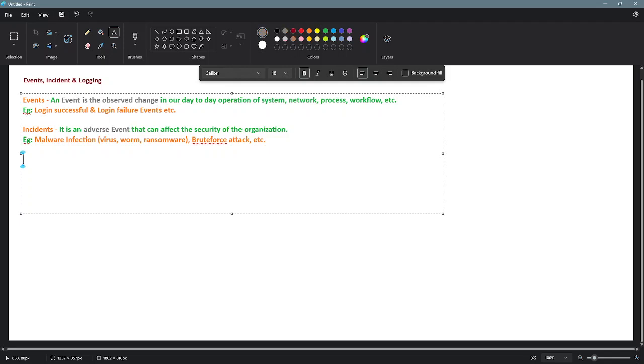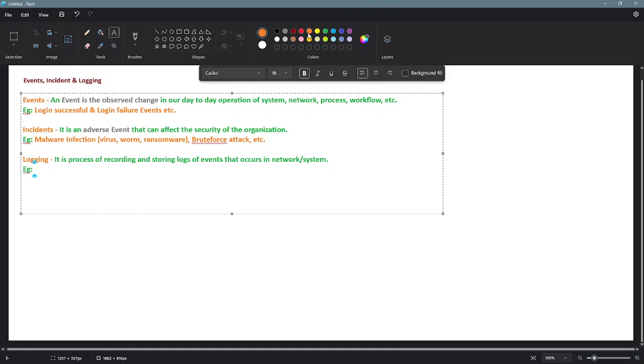After that there is logging. Logging is the process of recording and storing logs of events that occur in a network or system.